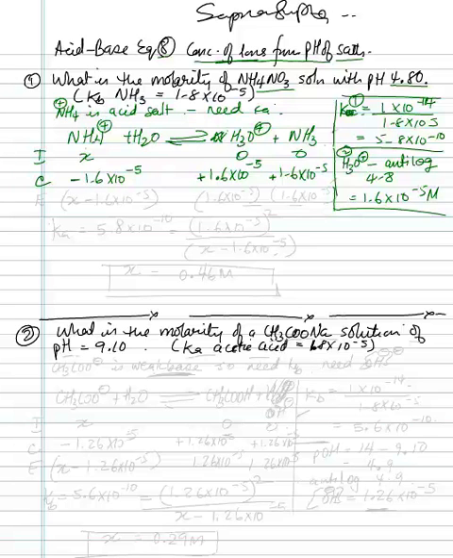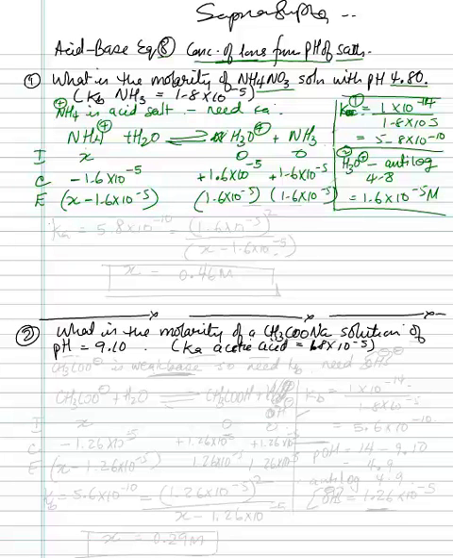When your pH is given to you, you have to work in the reverse manner, from the product side, not from the starting material side. At equilibrium you have X minus 1.6 times 10 to the negative 5, and of course 1.6 times 10 to the negative 5 and 1.6 times 10 to the negative 5. So those are your concentrations.